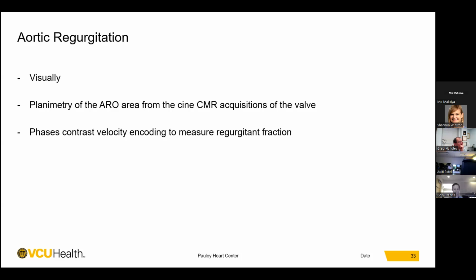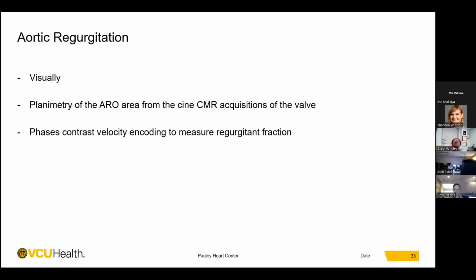And planimetry by measuring the aortic regurgitant orifice area from the cine CMR acquisition. A study showed that an aortic regurgitant orifice area of more than 0.5 centimeters squared was found to have a sensitivity and specificity of about 83 to 97% respectively in detecting severe AR.